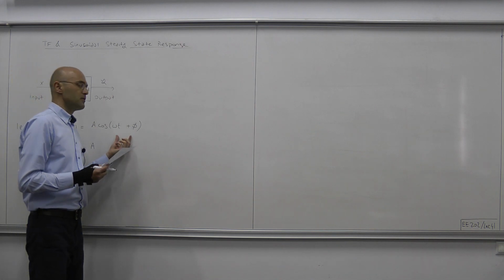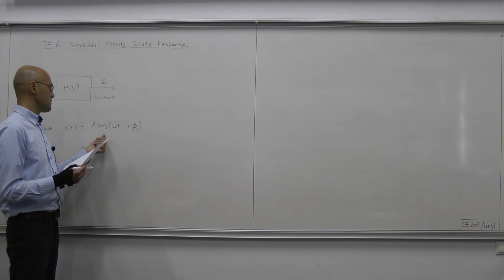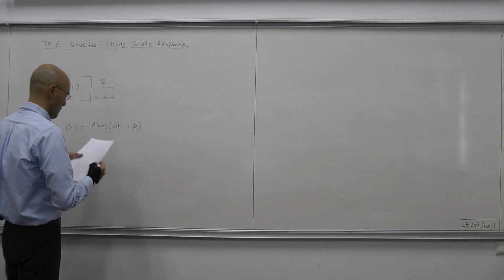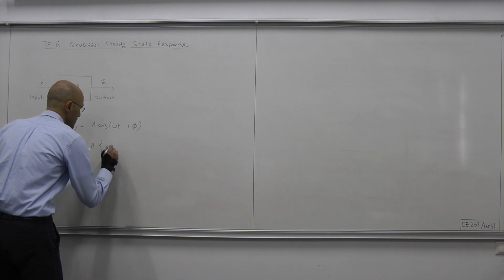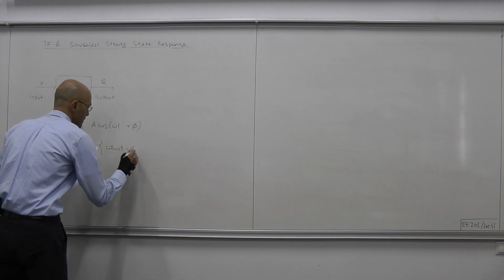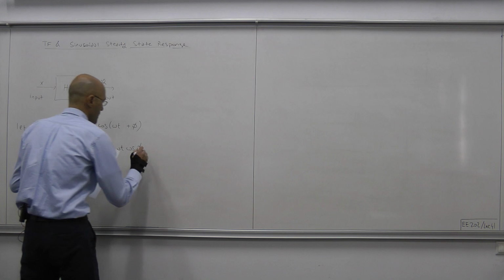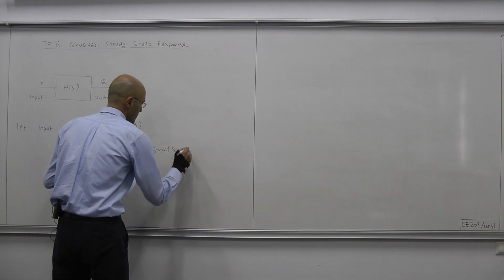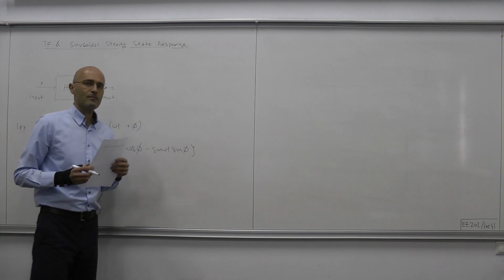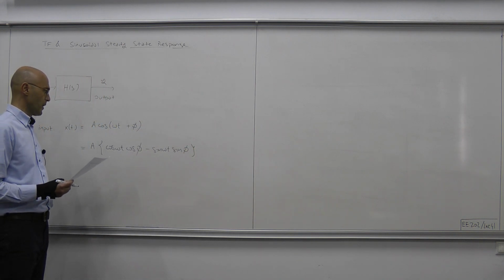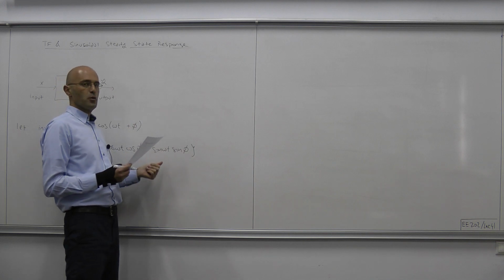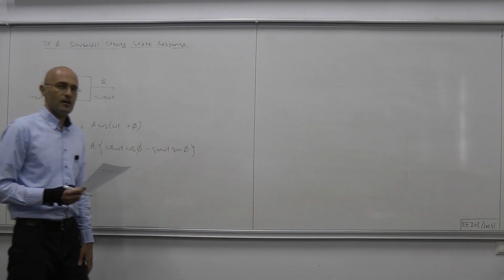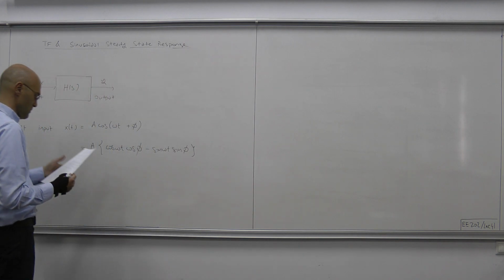Using the trigonometric identity, this can be written as a sum of a pure cosine and a pure sine in the following way: a times cosine omega t cosine phi minus sine omega t sine phi. Once we write it this way, we can easily obtain x of s, the Laplace transform of our input.